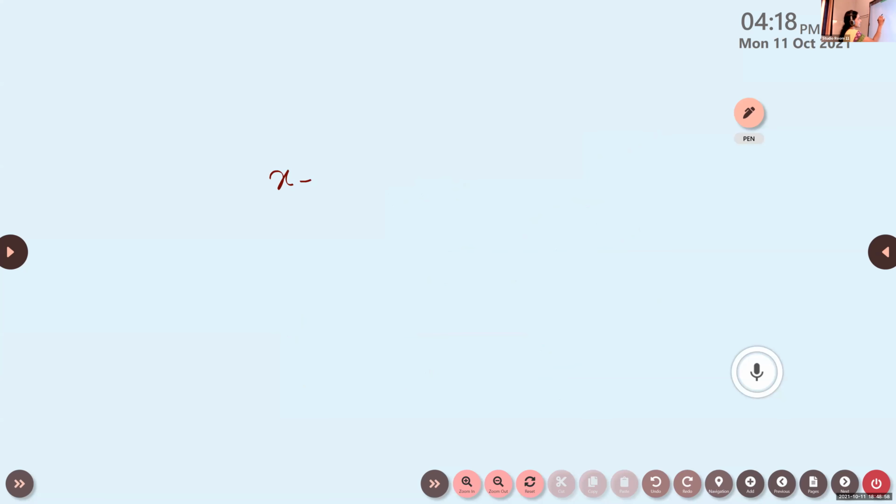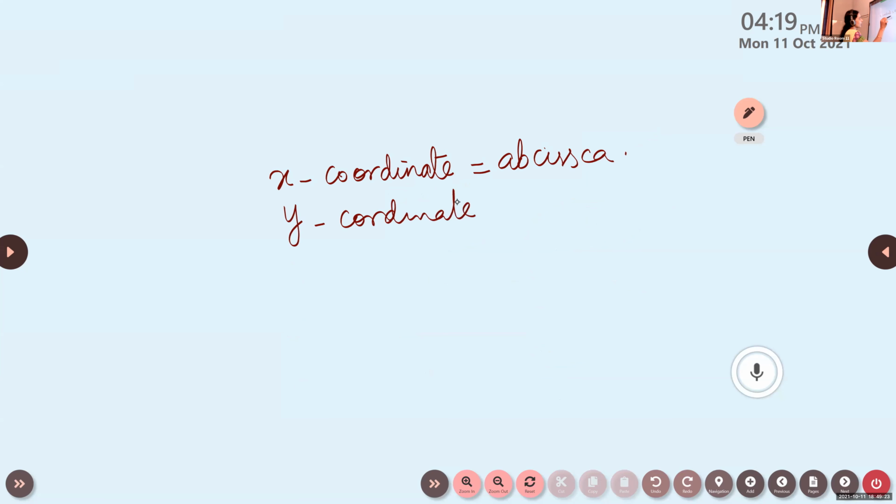X coordinate is abscissa, and y coordinate is called ordinate.